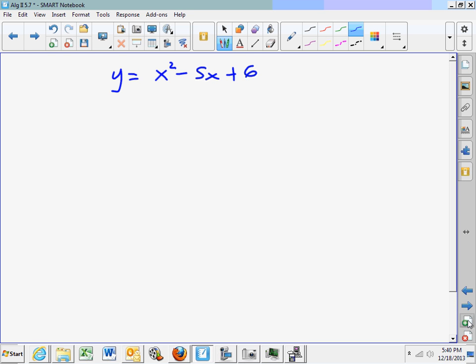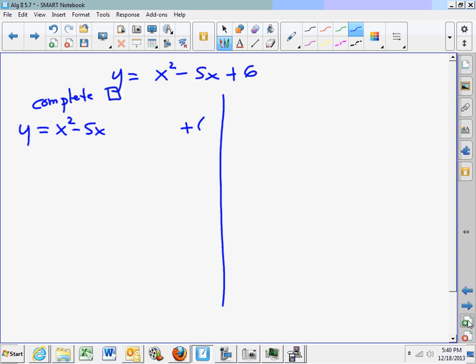Okay, now, method one, completing the square. So I have y equals x squared minus 5x, and then way over here we're going to put plus 6. Now, since there's a 1 in front of the x squared already, we would like to just go ahead and complete the square.